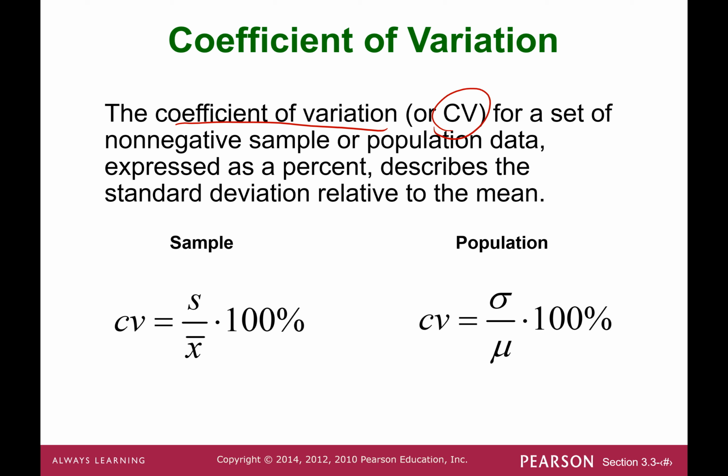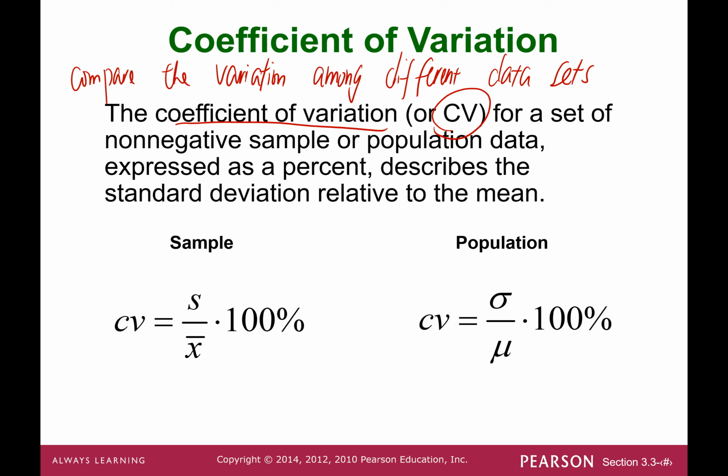We use the coefficient of variation to compare the variation among different data sets. So the coefficient of variation is very useful if you have different data sets and you want to compare the variations among them.